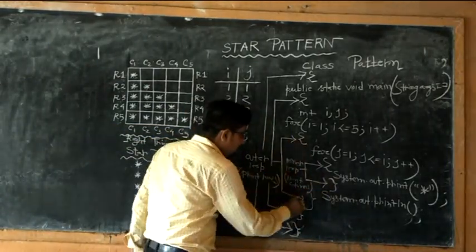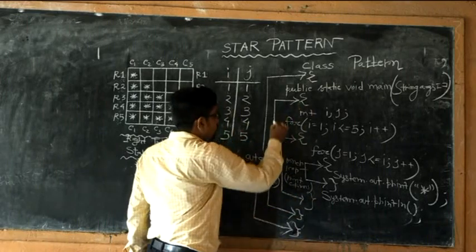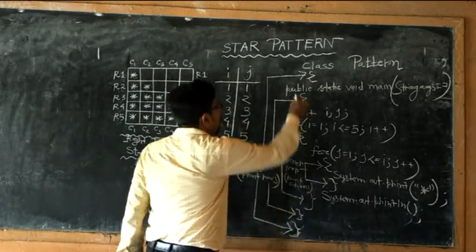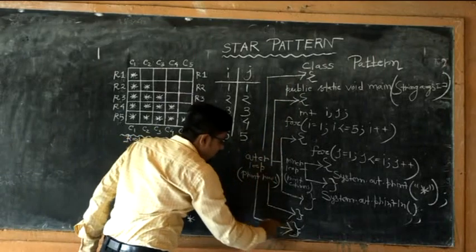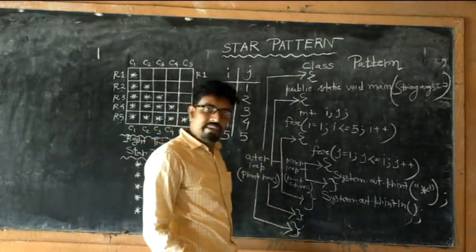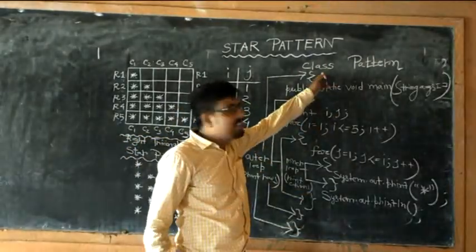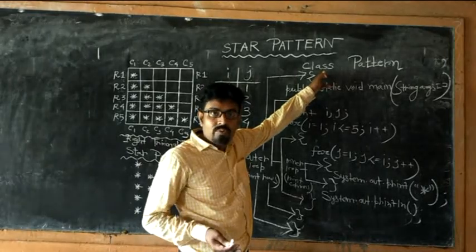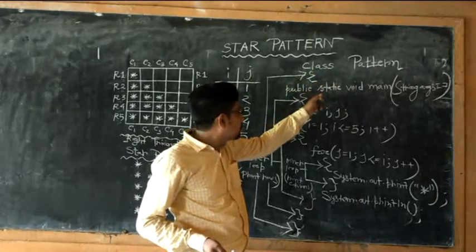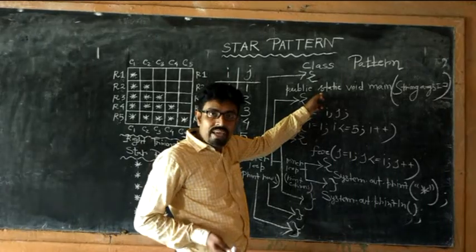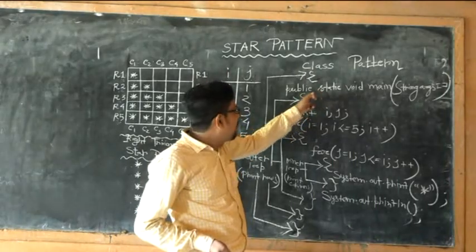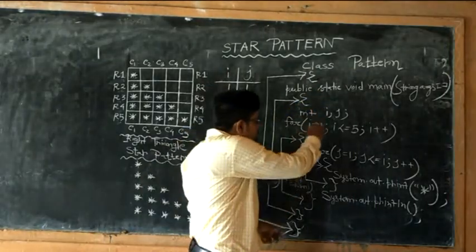This one is the outer for loop block. This one is the main block, and this one is the class block. It's clear. The second bracket acts like a gate, as you all know. You will enter through this gate to this room, I mean the main section, and using the main section gate you enter the for loop section.